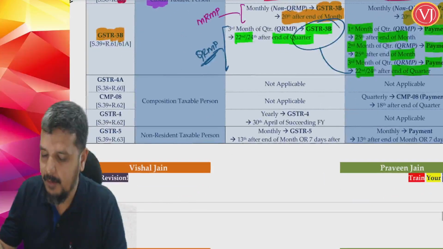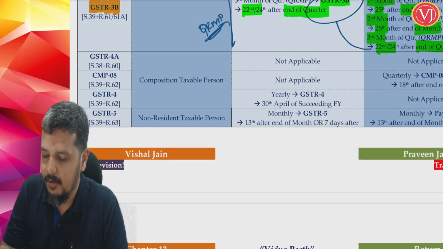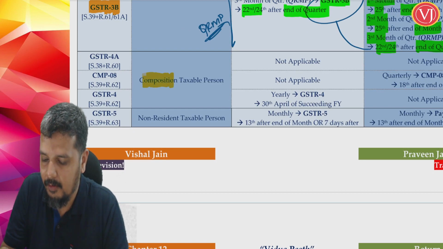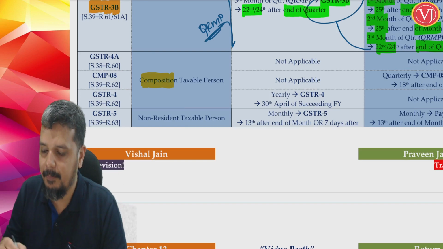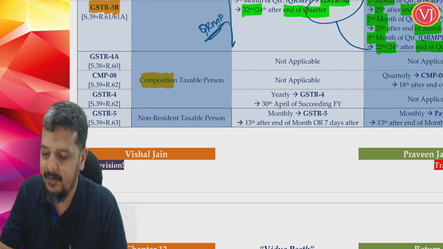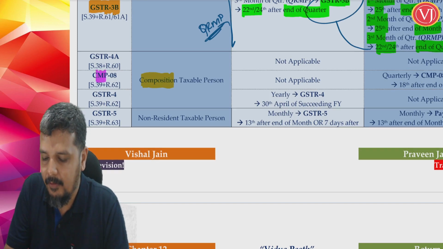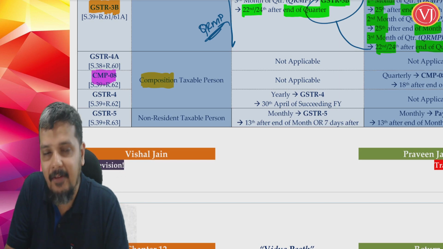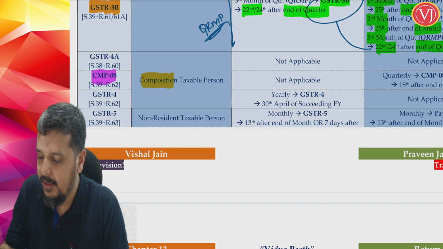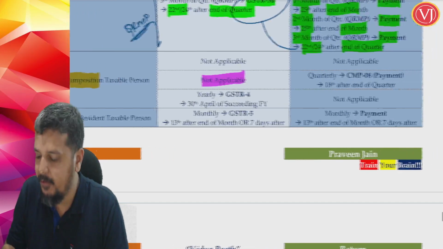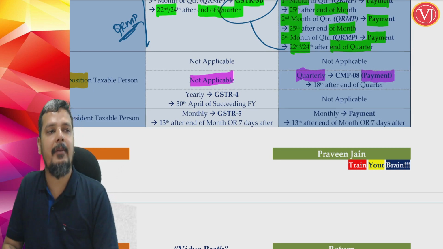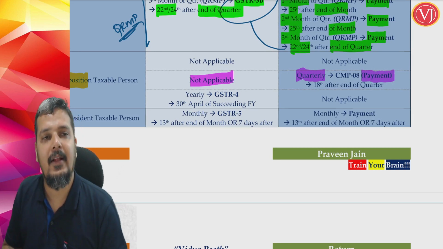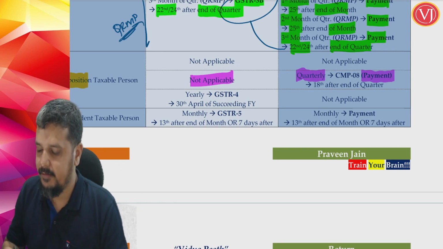Then next, we are talking about the next category of person, who is a composition taxable person. This composition taxable person will have quarterly payment. So you will not find anything in your return filing. CMP 08, there will be quarterly payment. And this quarterly payment is when? 18th after the end of the quarter.